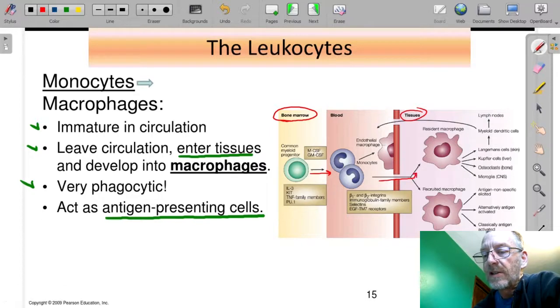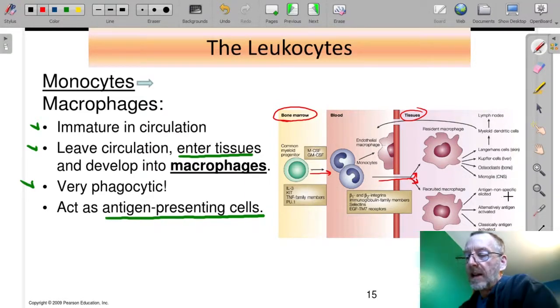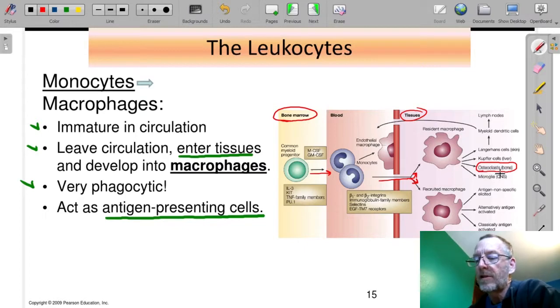And when they do enter the tissue spaces, they can develop into other types of cells. So they're both macrophages. And something to note is that some of these macrophages then go on and develop into other types of cells. In particular are the osteoclasts that we looked at last quarter with bone turnover.